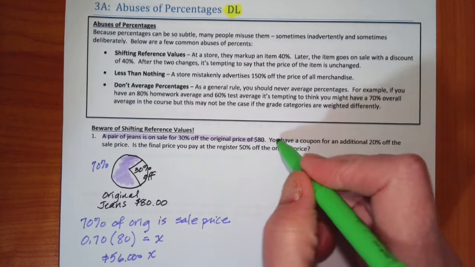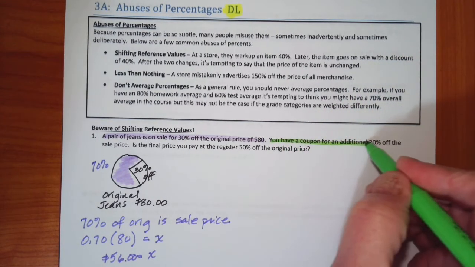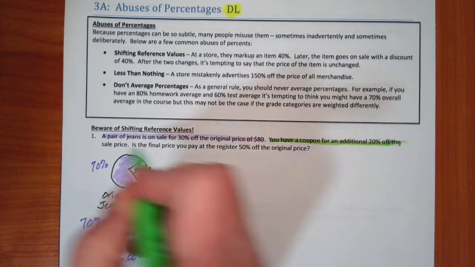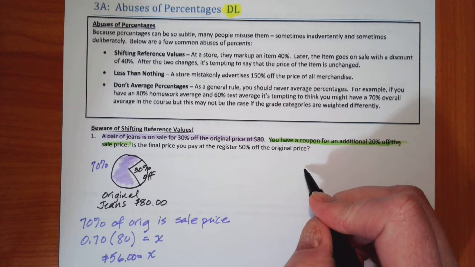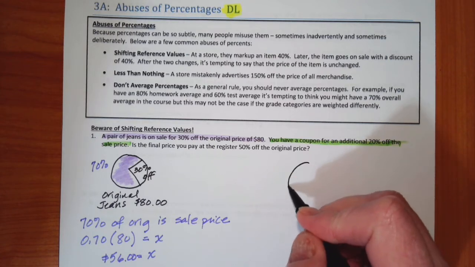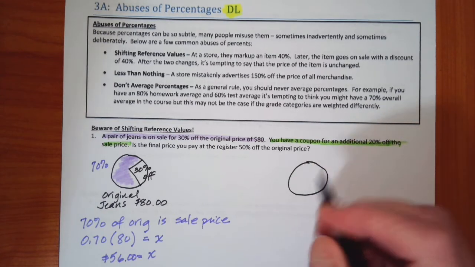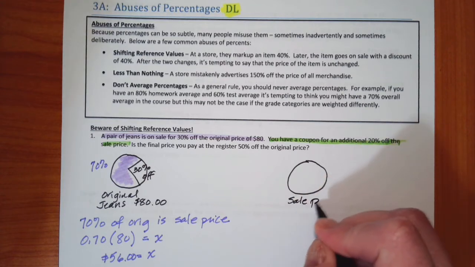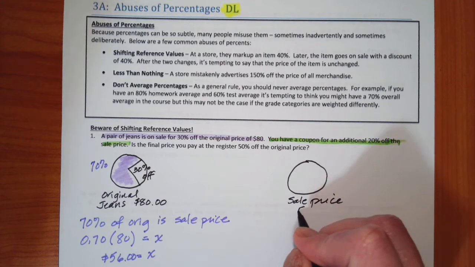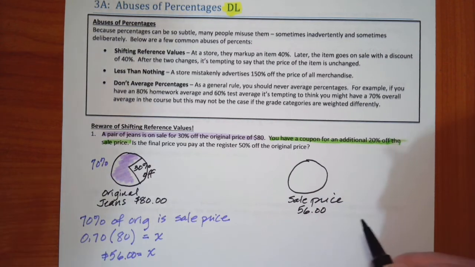Okay, so you now have a coupon for an additional 20% off the sale price. So when we go to our next computation, we have to start with the sale price of $56.